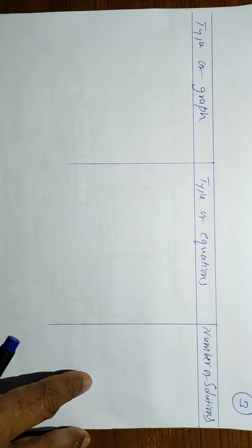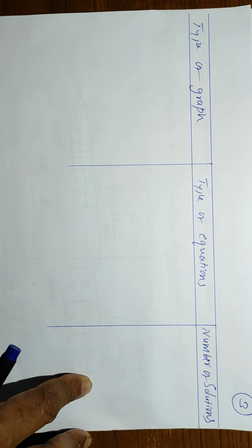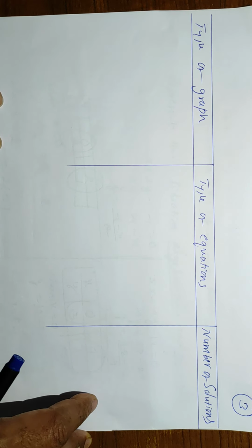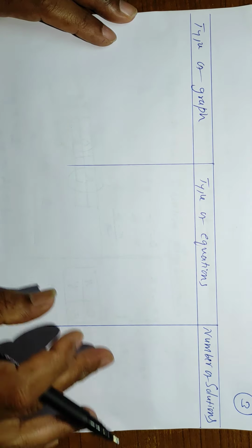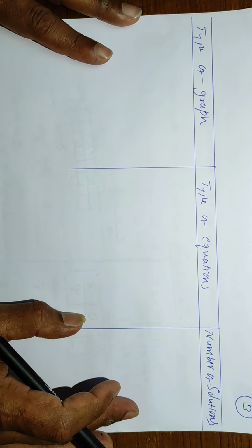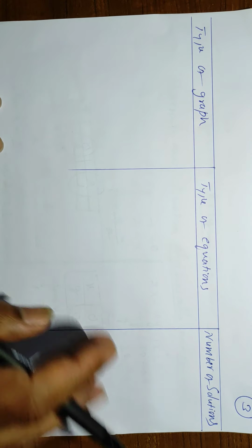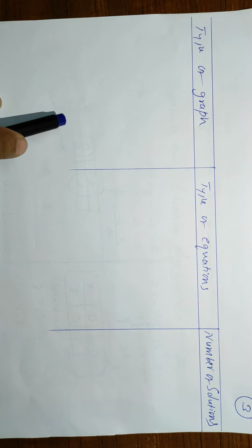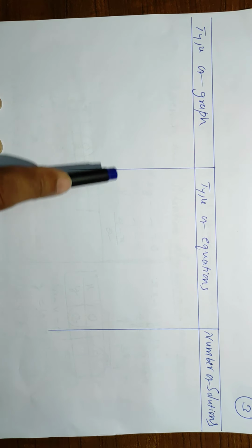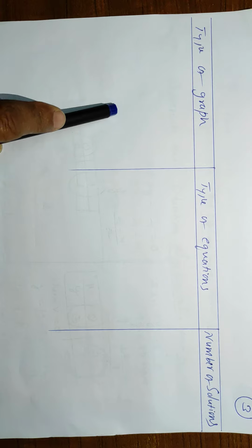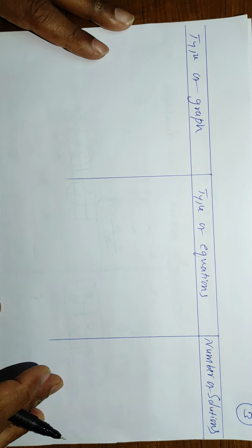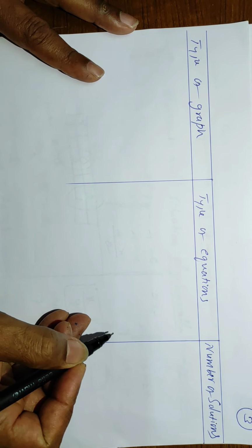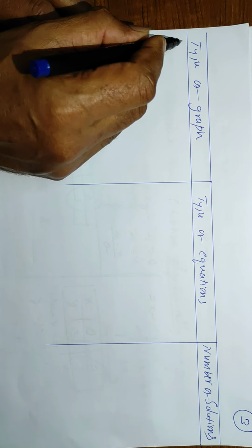Dear students, when we represent the pair of linear equations in two variables graphically, three possibilities can happen. In the first session, we obtained intersecting lines. In this session, we've obtained coincident lines and parallel lines. Let us sum up all the three possibilities once again.